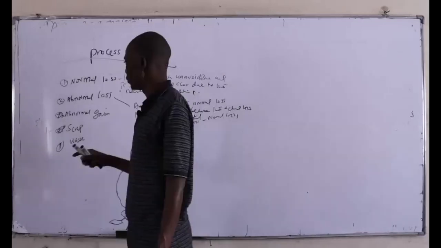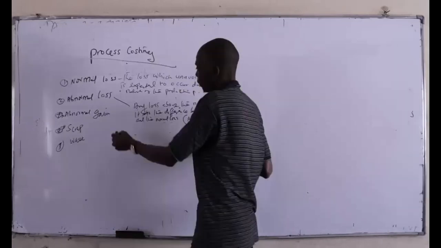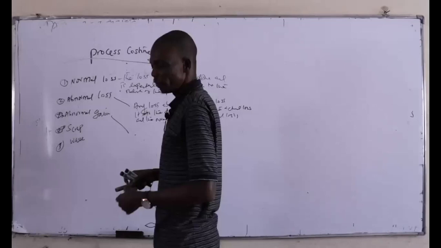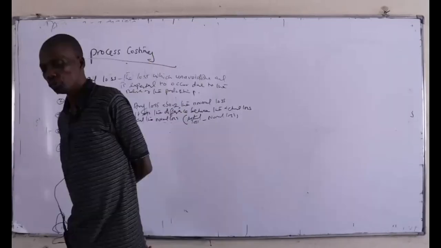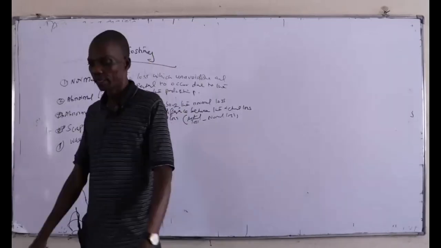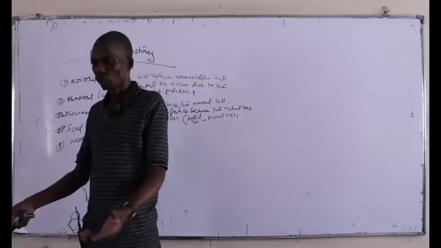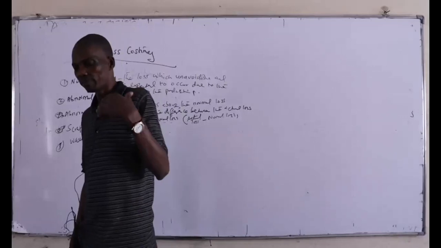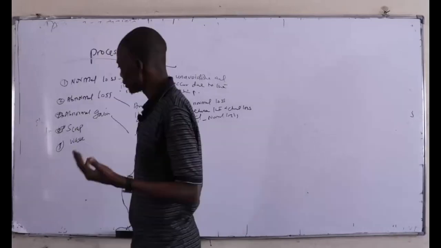Now, we also have abnormal gain. Abnormal gain happens where the output that you had expected has increased. So in short, you expected a given normal loss, but you find that the loss has reduced. Then we talk about abnormal gain.